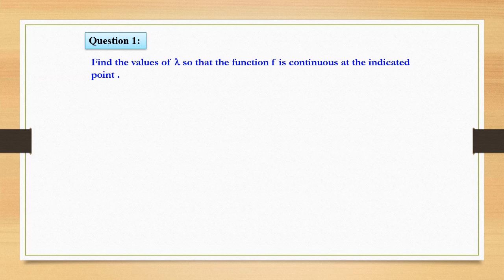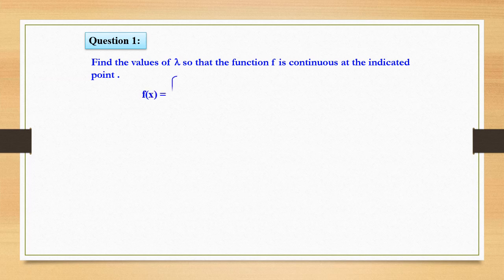And since the function is continuous, we can equate any of the three values here. Either we can equate LHL and RHL, or the value of the function at that point with LHL, or the value of the function with RHL. So we will try to understand using this example.